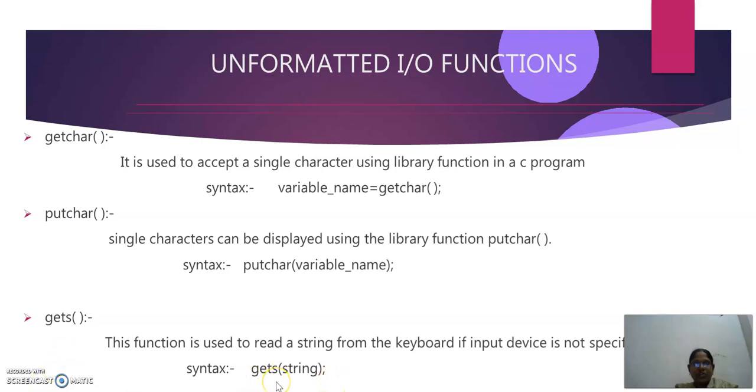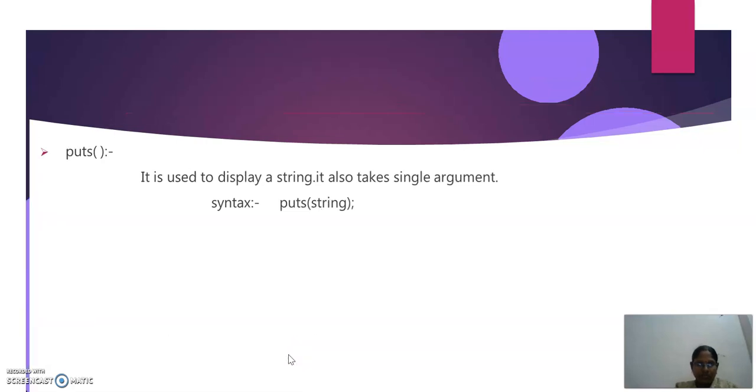The next one is your gets. This function is used to read a string from the keyboard if input device is not specified. So s is meant for reading of the strings. The syntax will be gets of s. This is an input statement. Next is your puts. This function is used to display a string.